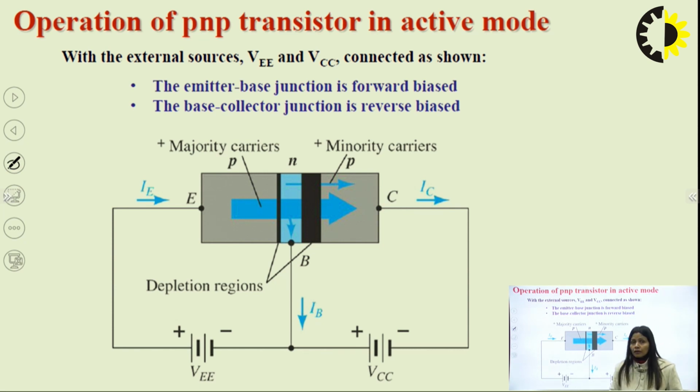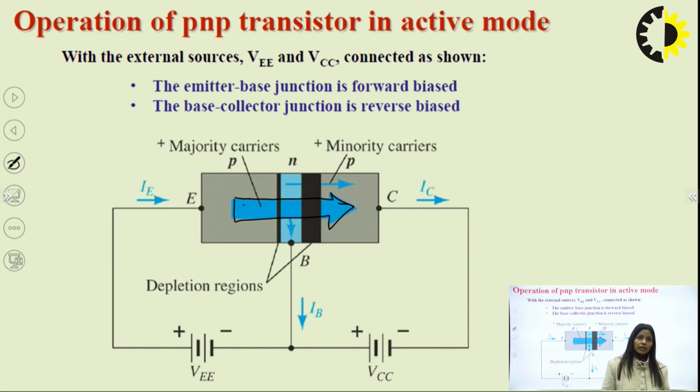Now as I said, most of the current will be due to the majority carriers, and these majority carriers are present in the emitter region. These emitter region carriers will flow towards the collector, and the collector will collect these charge carriers. So the majority current flow has been shown by this arrow. The holes are moving towards the collector.